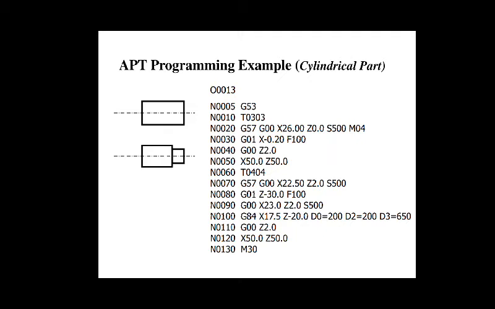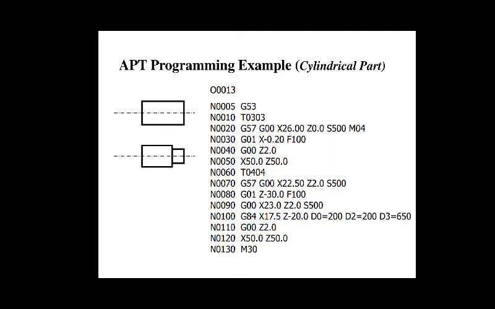F100 means set the feed rate to 100 mm per minute. Then the next block is N0040 G00 Z2.0. In the previous block we performed the facing, the cutting operation.